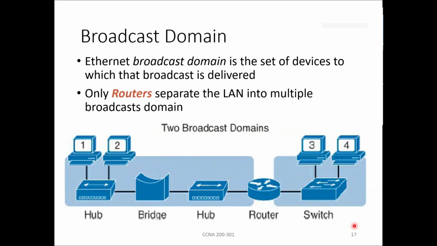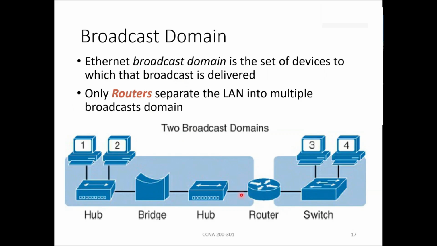Now we have the broadcast domain. So what is a broadcast domain? Broadcast domains are related with our IP networks or subnets. You can see only the router can separate our network into multiple broadcast domains.